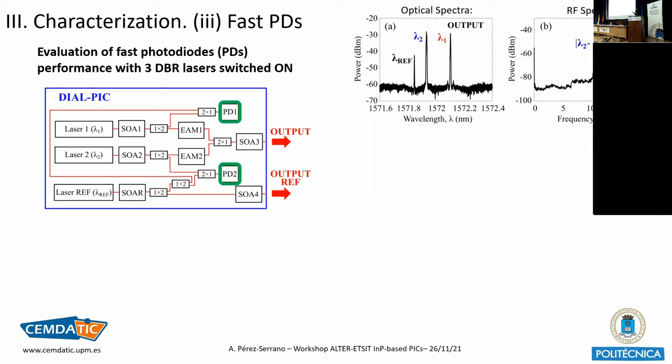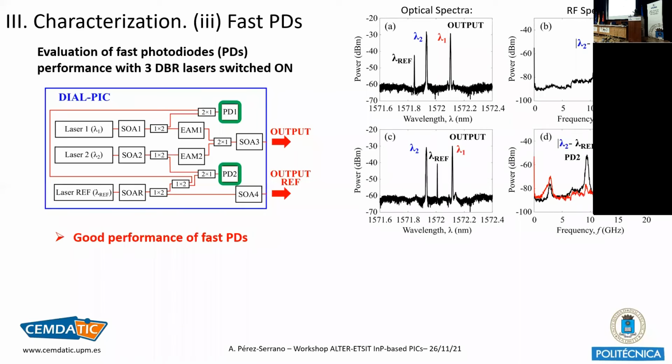The reference also appears at the output, which you can see here. But we can see that the difference between lambda 2 and lambda ref can be detected at the photodiode. Okay?